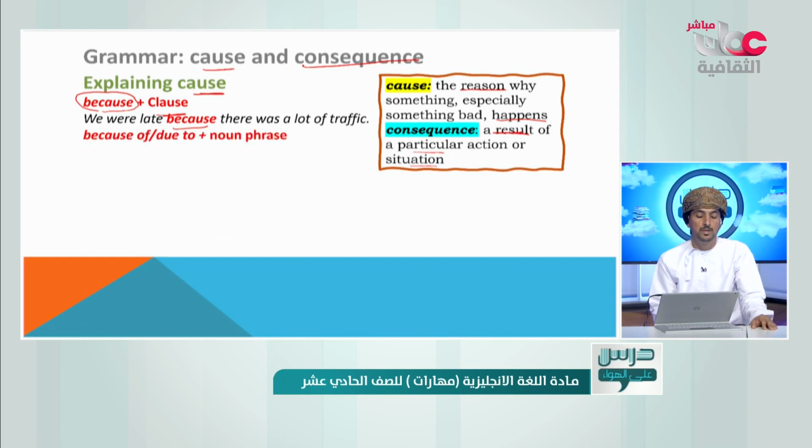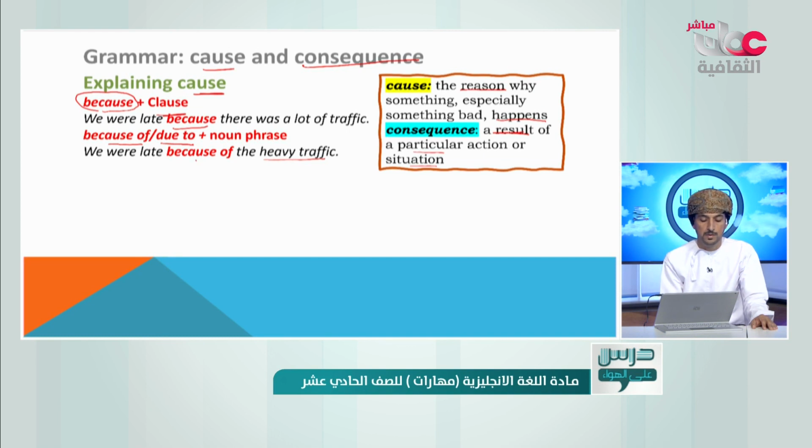We can also use because of or due to plus a noun phrase. For example, we were late because of heavy traffic. Heavy traffic is a noun phrase, and you will notice that we have a noun phrase, not a clause, after because of and due to. We can also say we were late due to the heavy traffic.